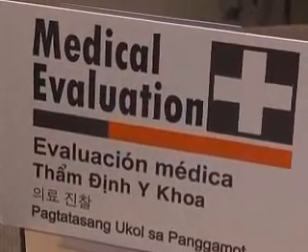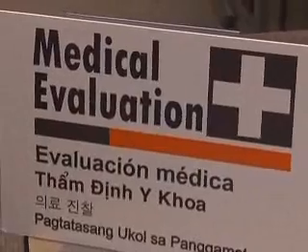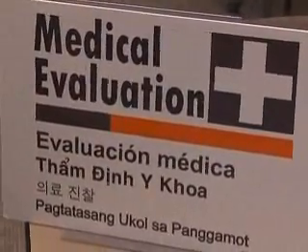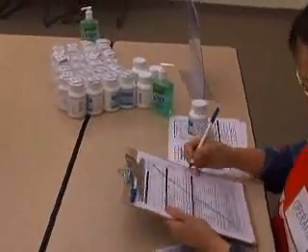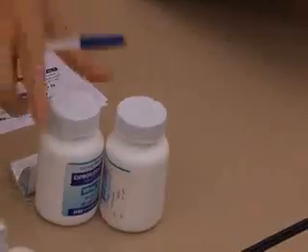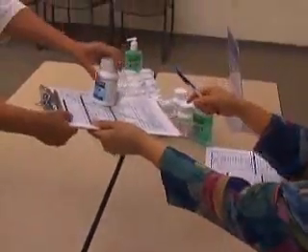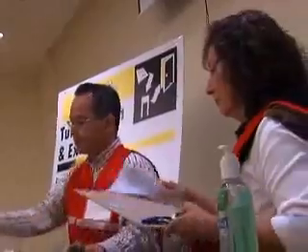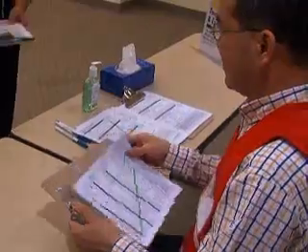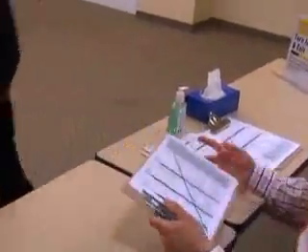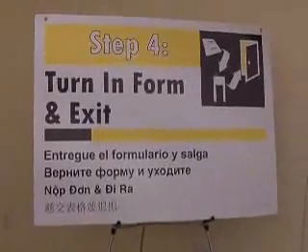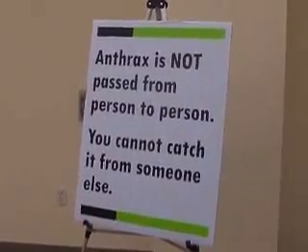At medical evaluation, a healthcare provider will finalize the antibiotic selection for the client, who will proceed to the pick-up medicine station to receive their antibiotic. Similar to the express model, clients will drop off their forms at the turn-in form station and then exit. If clients have questions, they can ask them at the question and answer area.